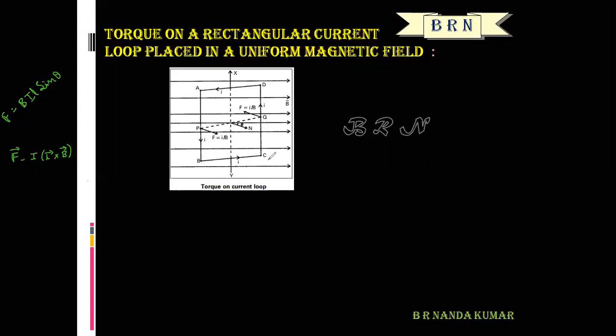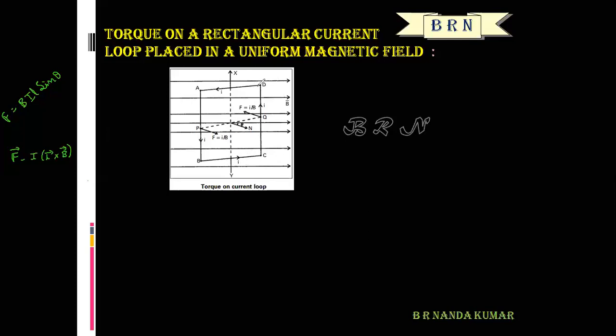Let us consider a small element, dL vector. The complete length is L vector, and the L vector is parallel to the B vector. What is the angle between them? That is zero. So F is equal to B I L sine zero, and sine zero is zero, and zero times anything is zero. So the force acting on the side BC is zero, because here the L vector is parallel to the B vector.